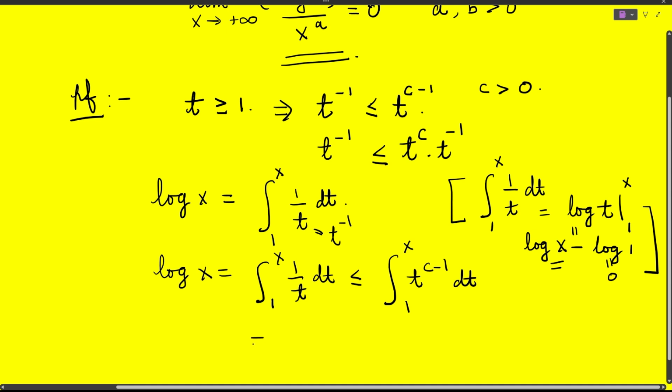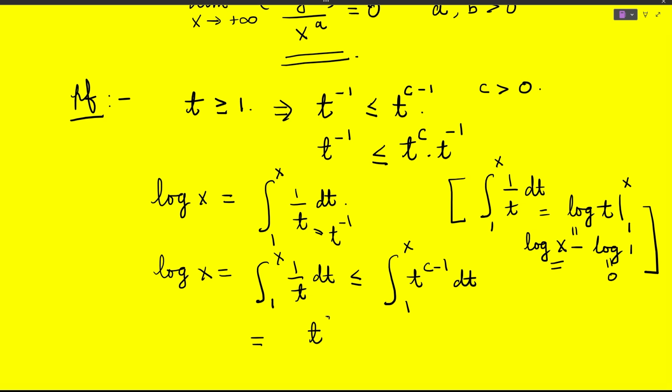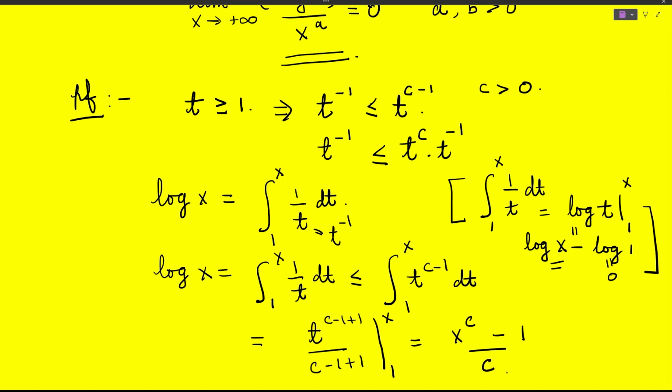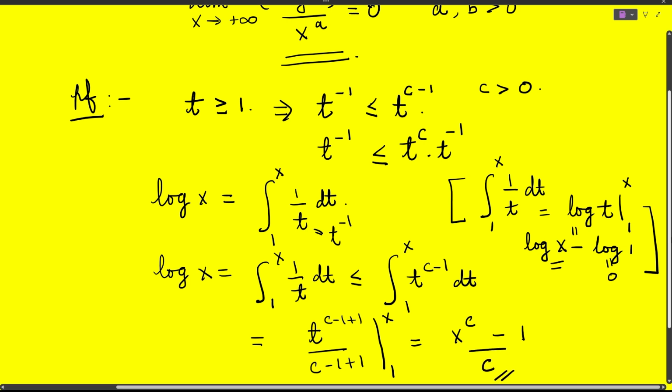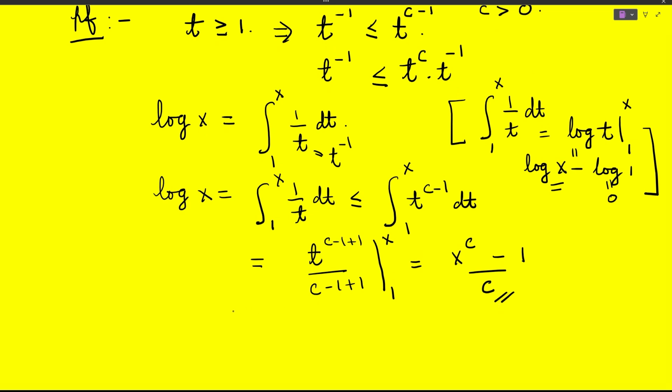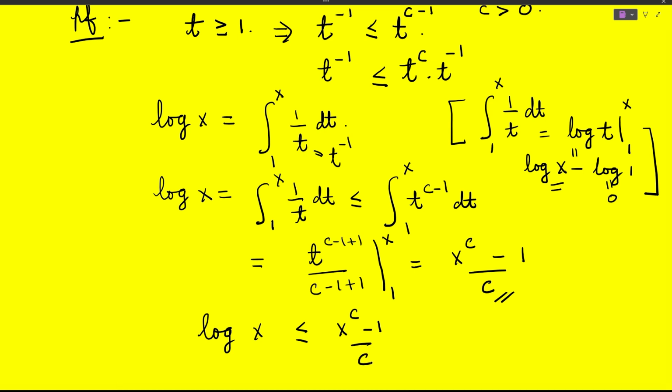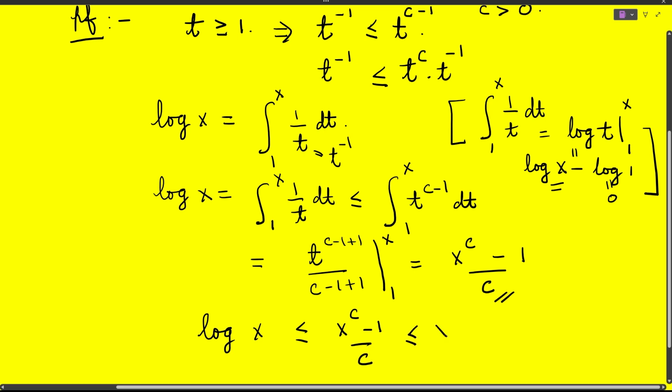You do the integral: t^(c-1+1) divided by (c-1+1), so you calculate the antiderivative and evaluate at the limits 1 and x. This is x^c minus 1 divided by c. So log x is less than or equal to (x^c - 1)/c. I can also say that this is less than or equal to x^c divided by c.